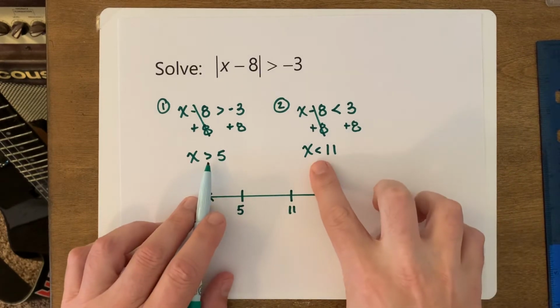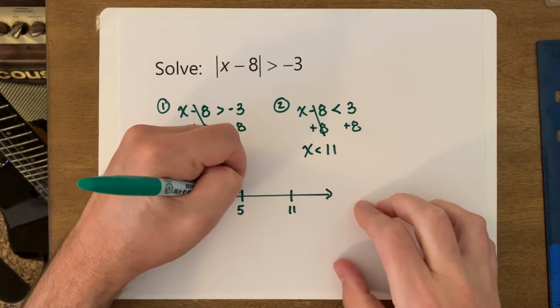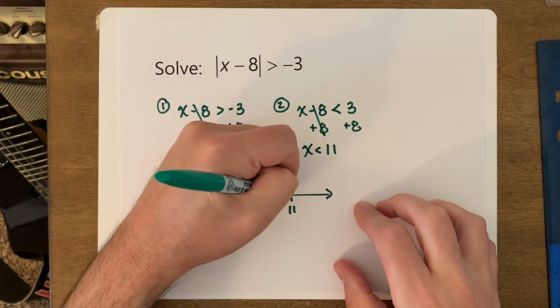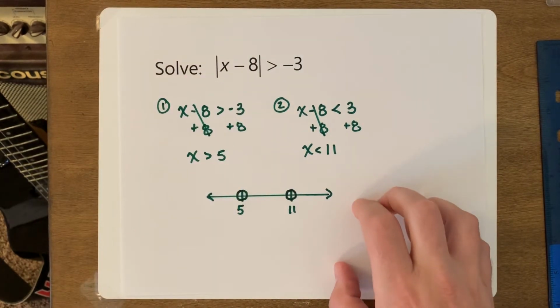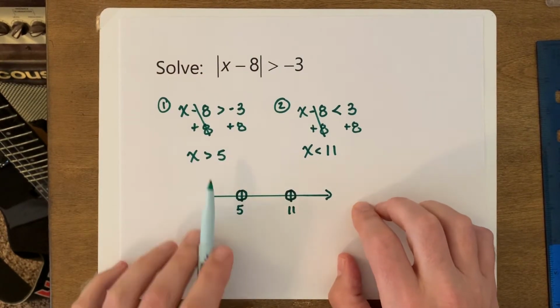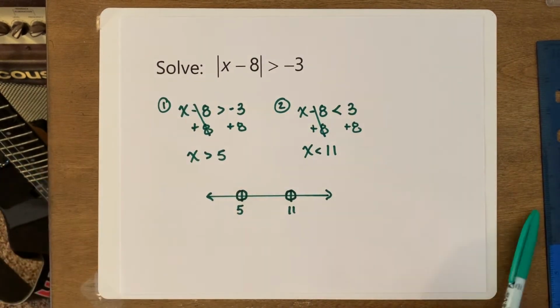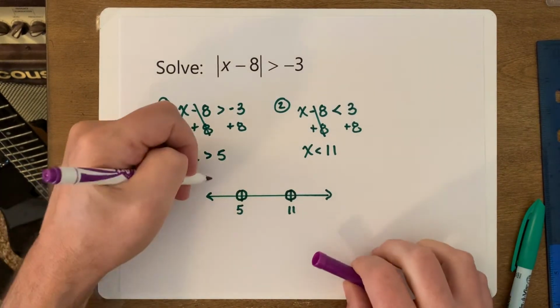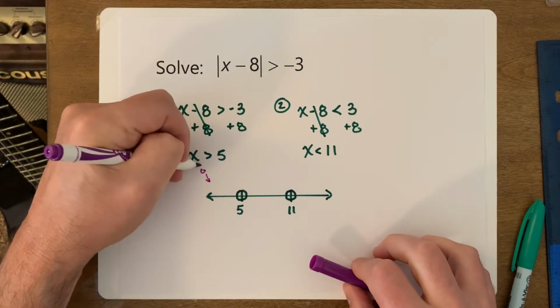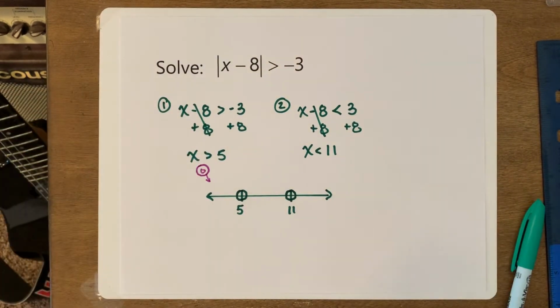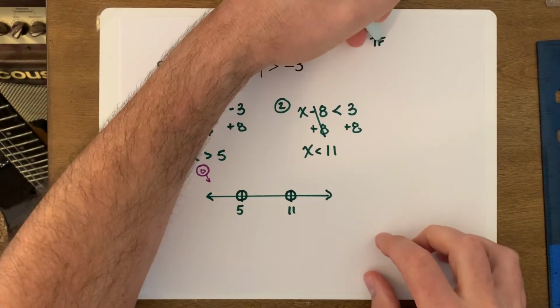I'm going to have open circles. So 5 and 11 are where they're going to start. And I'm going to start testing some numbers here to see if it works. So let's test a number over here, such as 0. 0 is the easiest one to test, and 0 would be over there somewhere, right? So let's test 0.